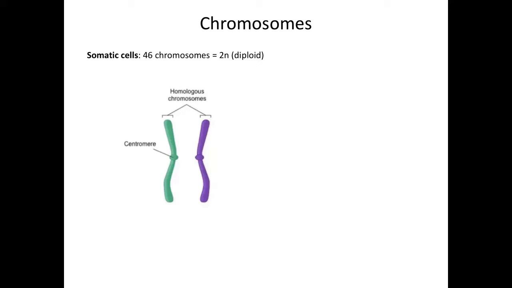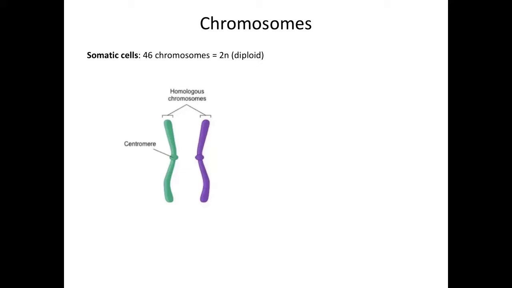For your chromosomes, 1 copy came from the maternal parent and 1 copy came from the paternal parent. So let's say here the green one came from the maternal parent and the purple one came from the paternal parent. These are called homologous chromosomes because they're not identical, even though they contain information to make similar things.